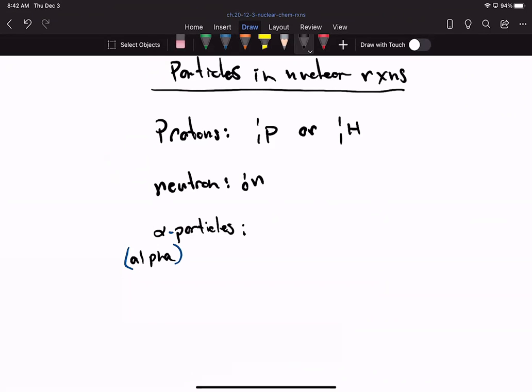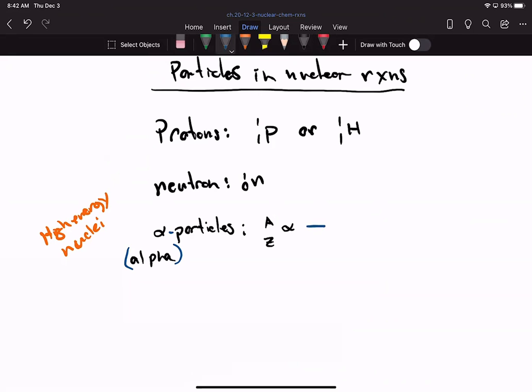I'll write that off to the side here as well. That's going to be a high energy nuclei, right? So our alpha particle we're going to represent like this: A for the atomic mass, Z for the number of protons, and then an alpha symbol, right?